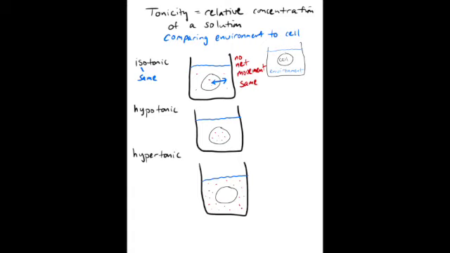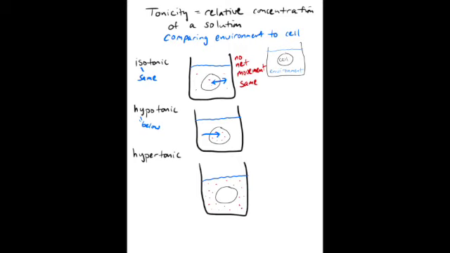Now, in the case of a hypotonic environment, where hypo means below, we're going to have an environment that is very watery compared to the cell. That is, the cell has more solutes inside of it. So water will move from the more watery area to the less watery area. Water is going to move into the cell.